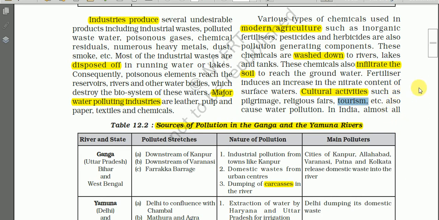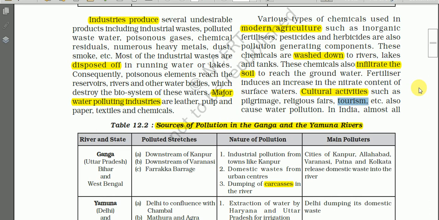So we have two important sources of water pollutants: the natural one and human activities, and human activities is more important. Among the human activities we have industries, agriculture, and cultural activities.